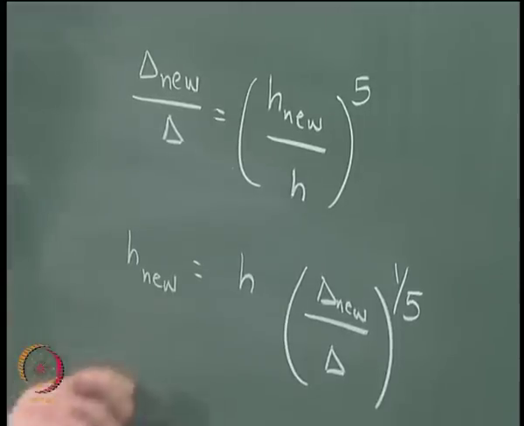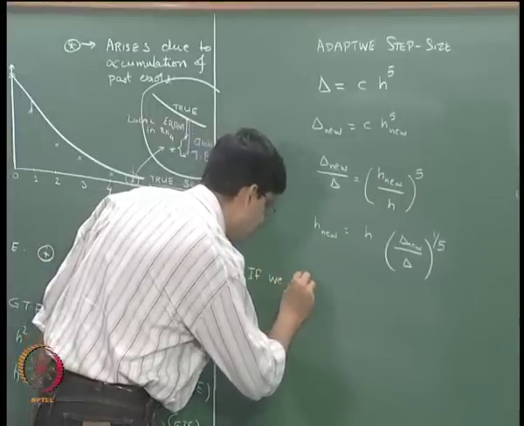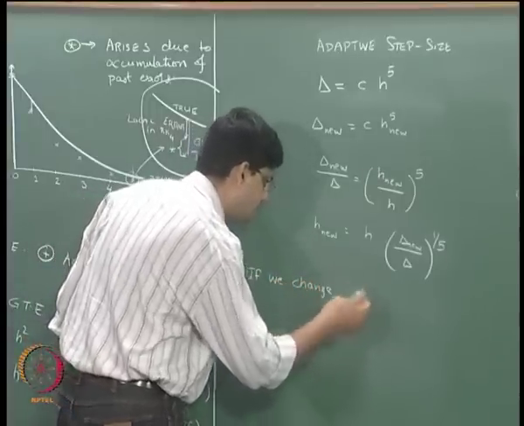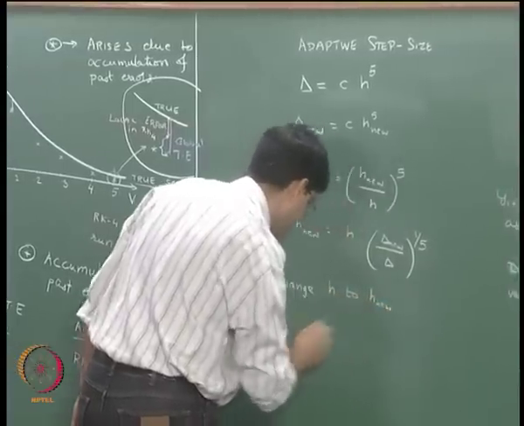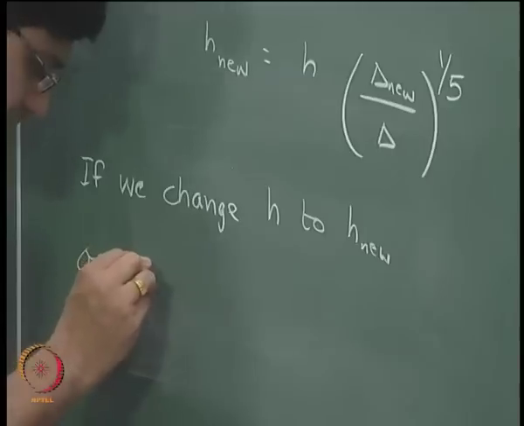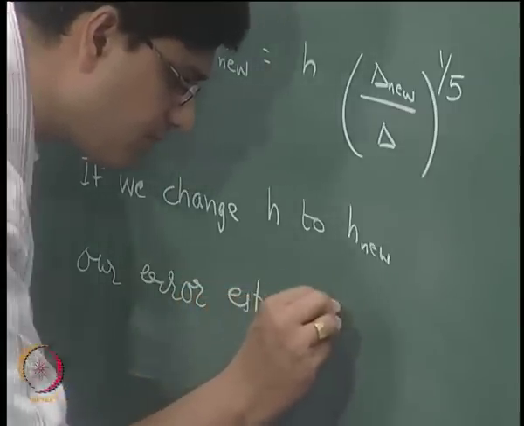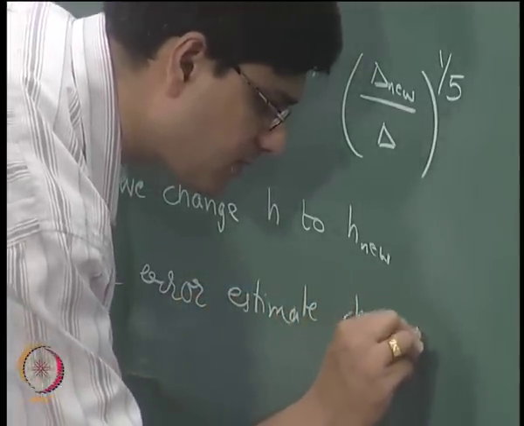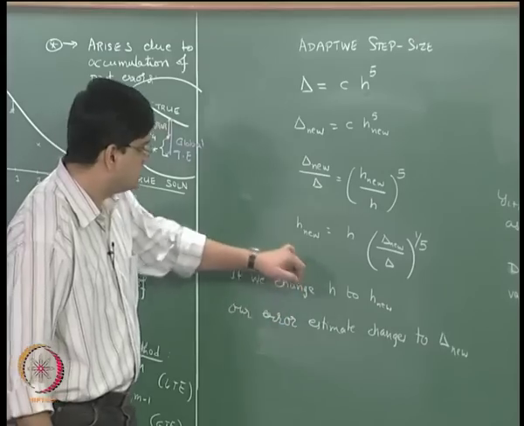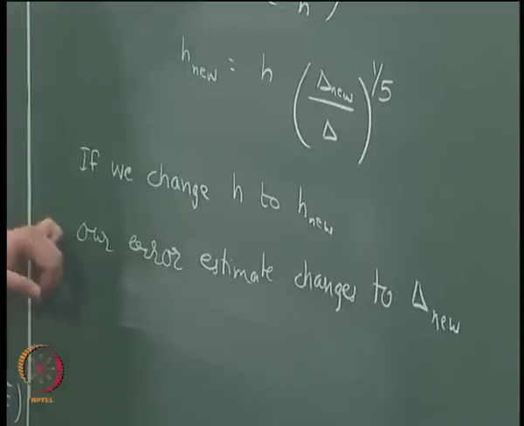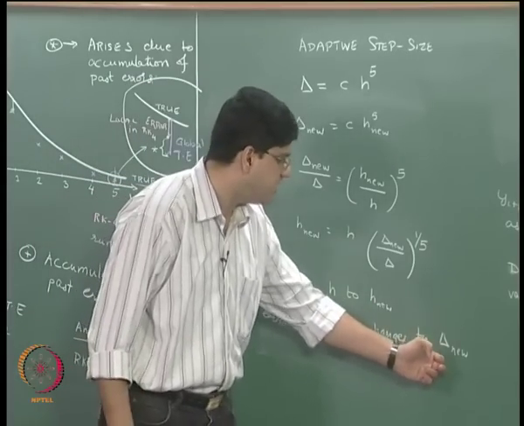So what this equation says is that if we change from h to h nu, the difference between a more accurate method and the less accurate method is going to change from delta to delta nu.